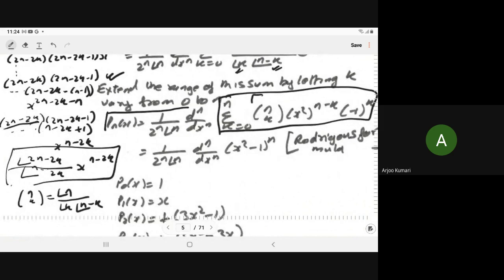So here P_n(x) will become 1 upon 2^n n! times the nth derivative of (x^2 - 1)^n, and this is known as the Rodrigues formula. And this is a very important formula. Any problem in understanding the Rodrigues formula?